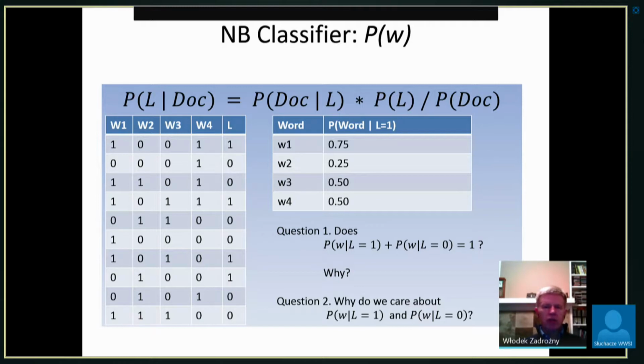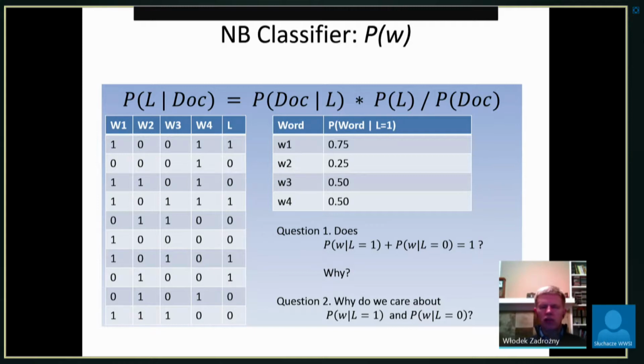Well, the answer to this question is no, because you can imagine a situation where certain words, for example, determiners, or certain symbols, like dollar symbols, might appear in both legitimate mail, for example, I'm getting a statement from the bank, and in spam offers. Okay, so there is no reason why this probability should be equal to 1.